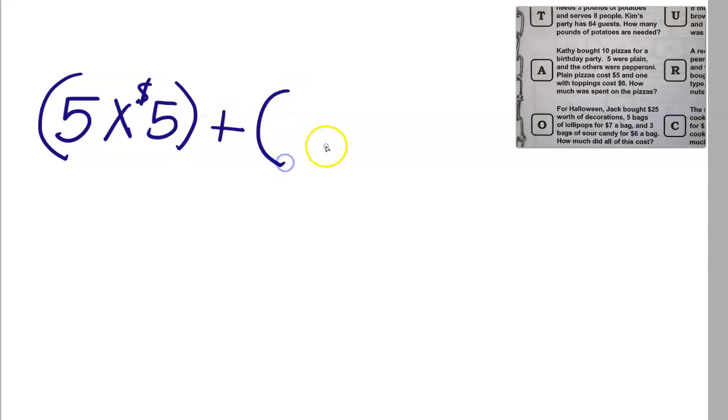So that's going to be 5 times $5. And then I want to add that to the cost of the 5 pizzas that had the one topping on them, which were $6 each. So I will find that product and this product and add them together, and that will give me the total amount of money spent on the 10 pizzas.